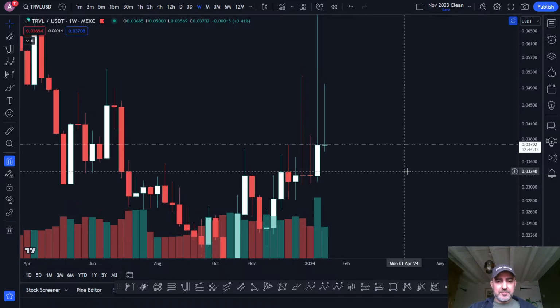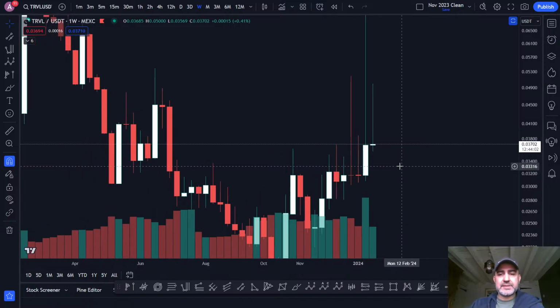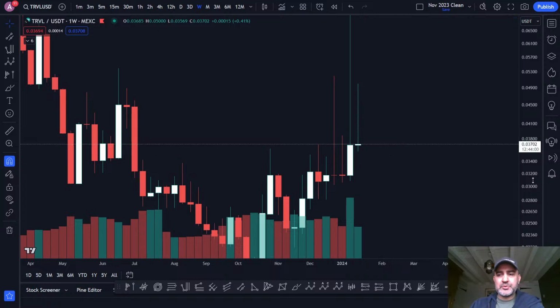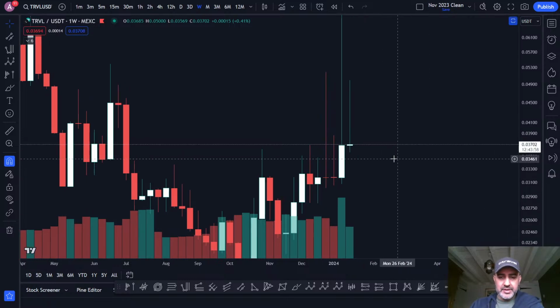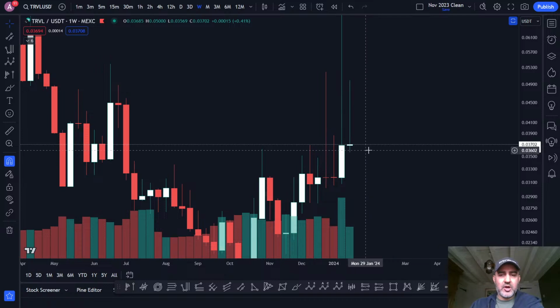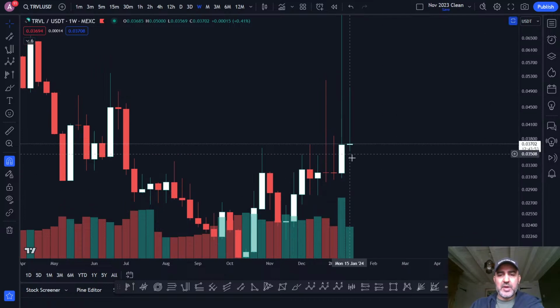You have to understand the difference. If it's red, it means bears are now in control, and we have to see what next week holds for us. If it's green, it means bulls are still in control. So we have to see how the candle closes today.